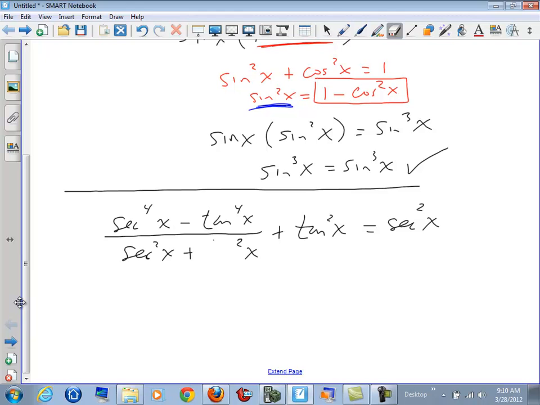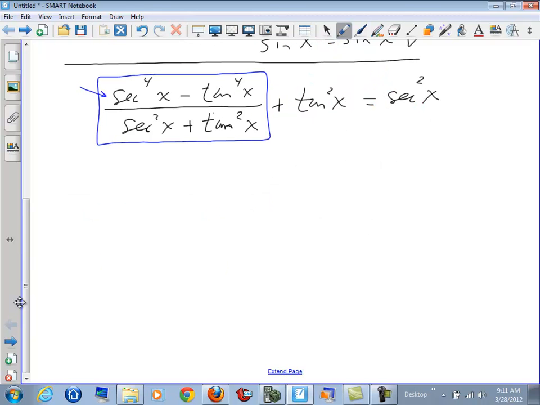So this looks fairly complicated. And if you notice in the numerator of the first term here, this fraction, this numerator is the difference of two squares. It's the difference of secant squared squared and tangent squared squared.